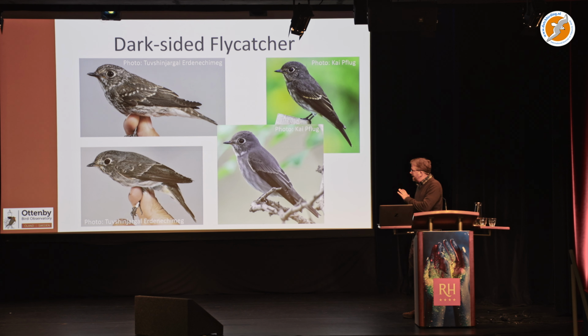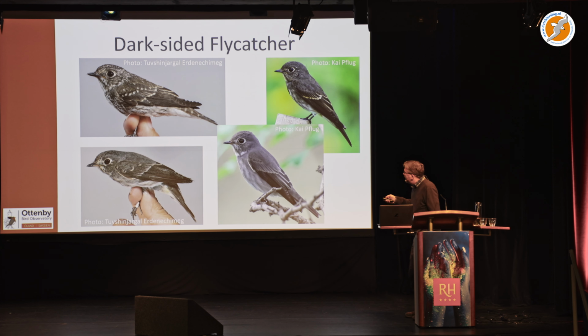In all the slides I will show you now, I have the juvenile birds, the young birds, on the top row, and the adult birds on the bottom row. It's the same arrangement for all the species here.